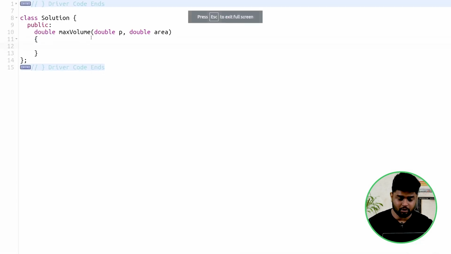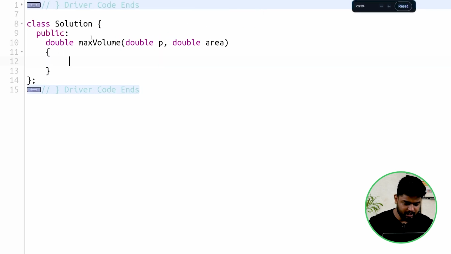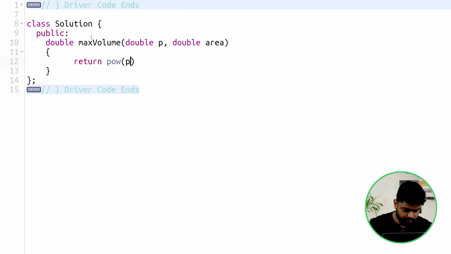This is a constant time operation because you're not taking much time here. So what you'll do is you'll return the power of the perimeter minus the square root of power of p comma 2, that is p to the power 2 minus 24 into the area.